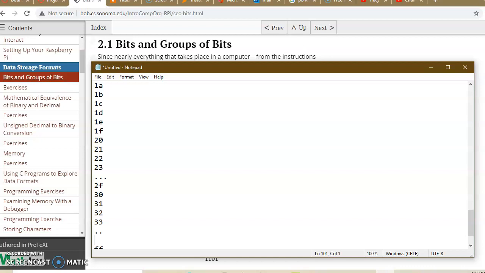And after 9F, we still keep going with the letters, so let's start A0, A1, A2, A3, A4, and on down to AF. And then once we've gone through all of the A's, we have to go through all the B's. So B0 through BF. And then C0 through CF and D0 through DF. So the largest number that we can write in hexadecimal notation is FF.